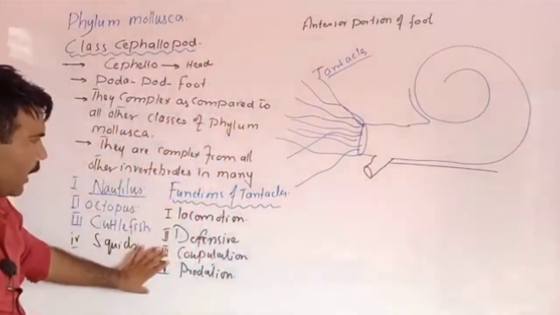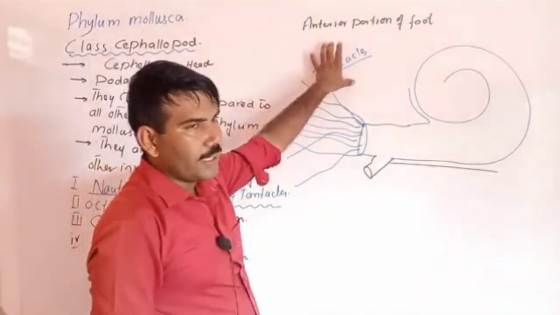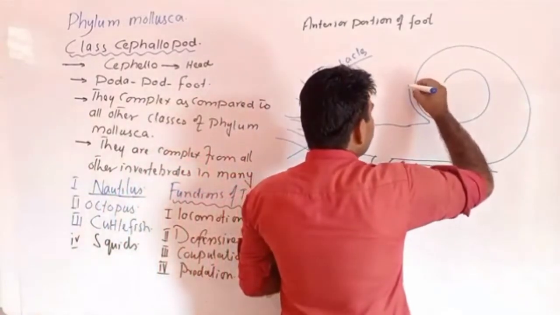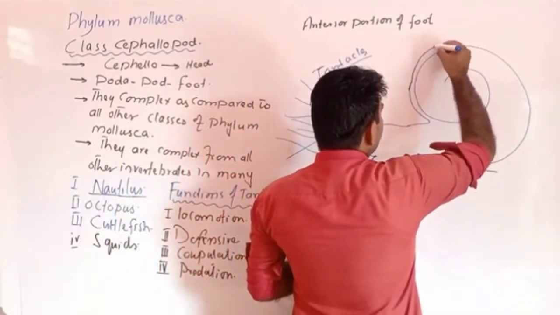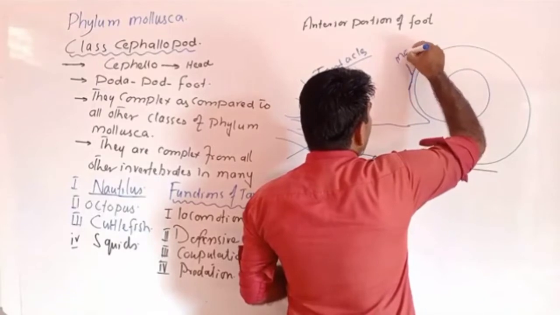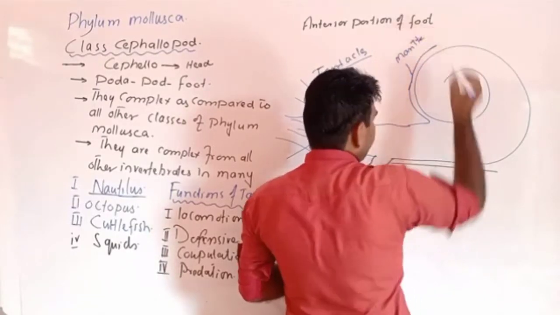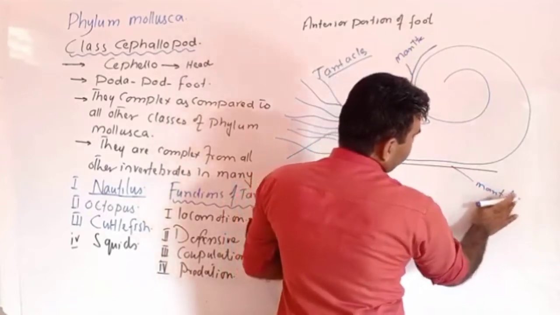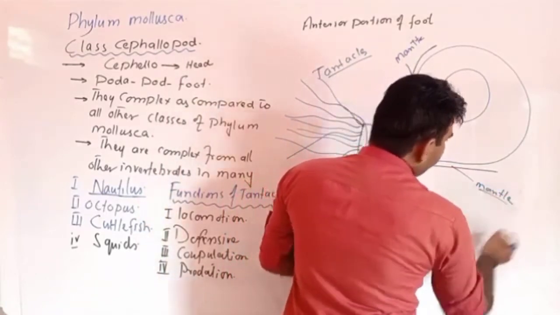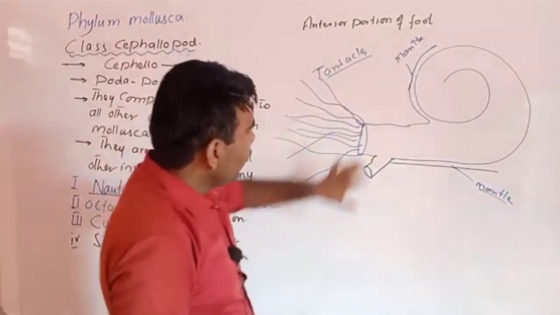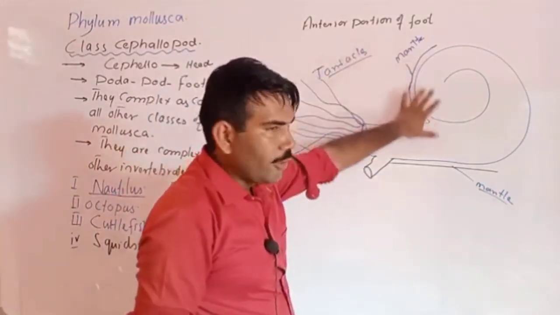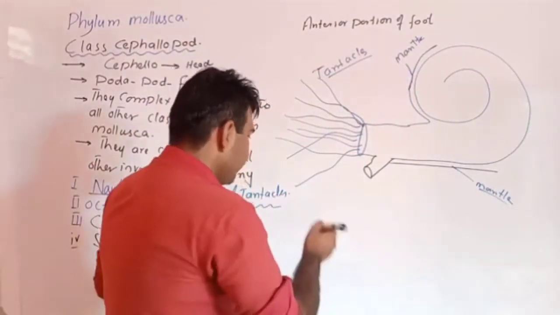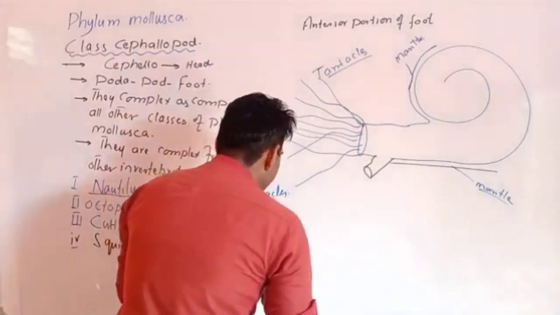So these are the functions performed by these tentacles. This portion is known as the mantle. This is also the mantle. And the mantle of this Nautilus is highly muscular.